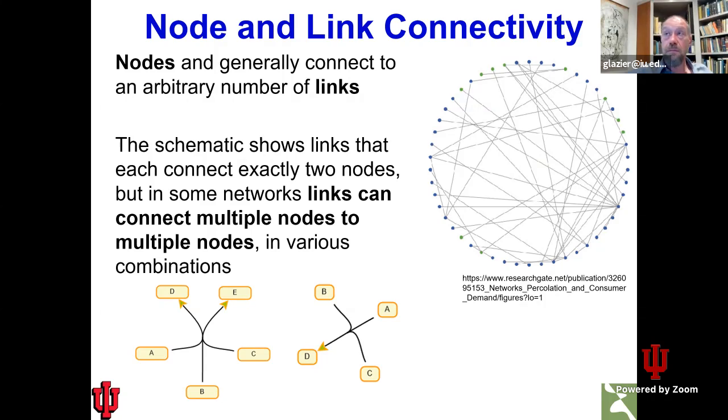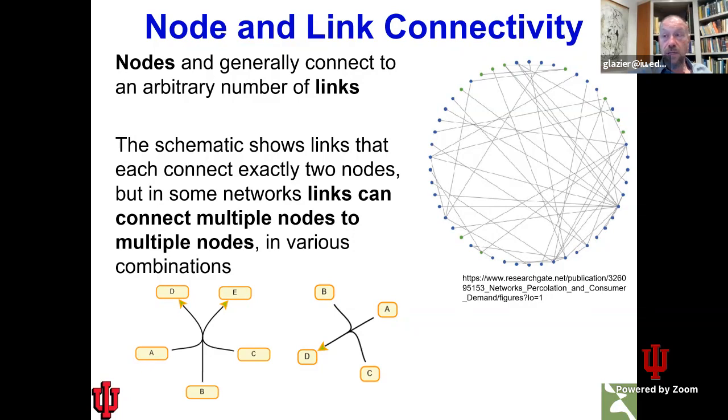So if I think about nodes and links, if we have a picture here of nodes around the edge of the circle, and here we have links, each one of these links connects two and only two nodes. And in many cases, that's how networks are built. For example, if I'm doing a classic neural network, I have one link between two nodes always.